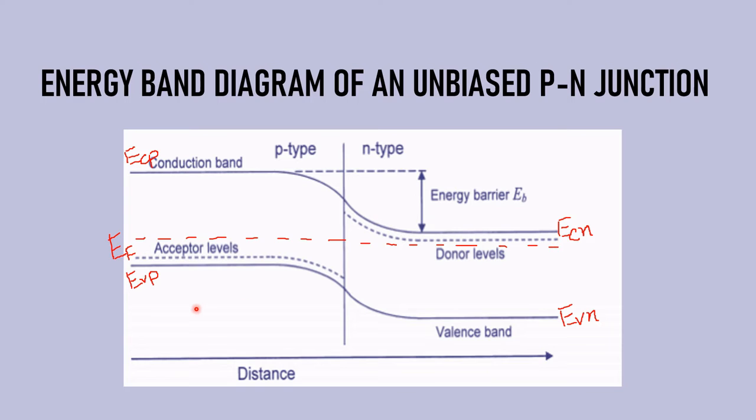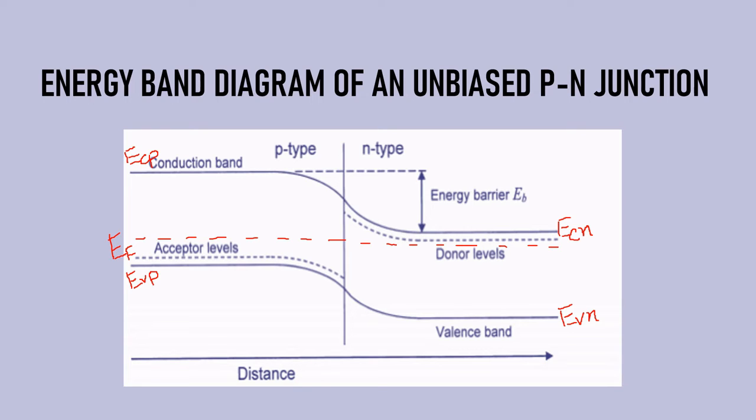Similarly, the valence band edge for the P side, EVP, also lies higher than the valence band edge EVN for the N side. So a difference occurs, and this difference is called the energy barrier, EB.